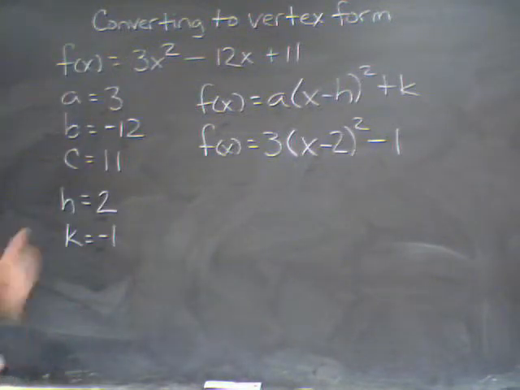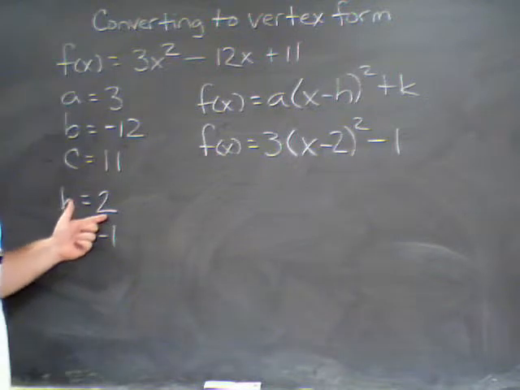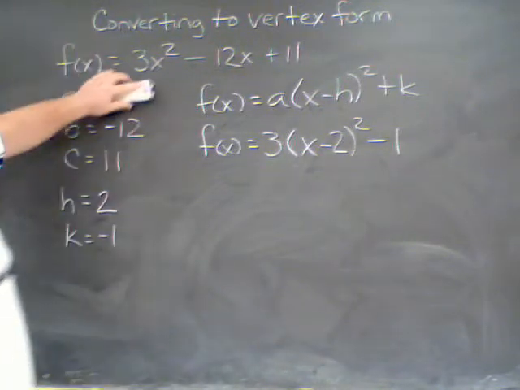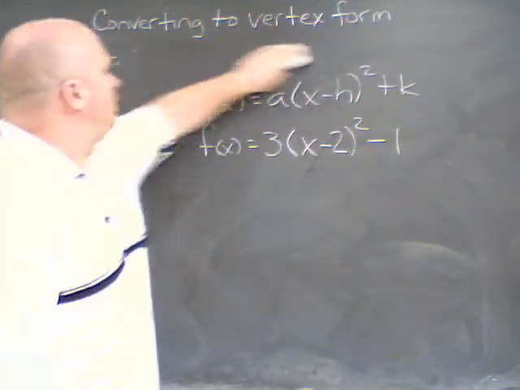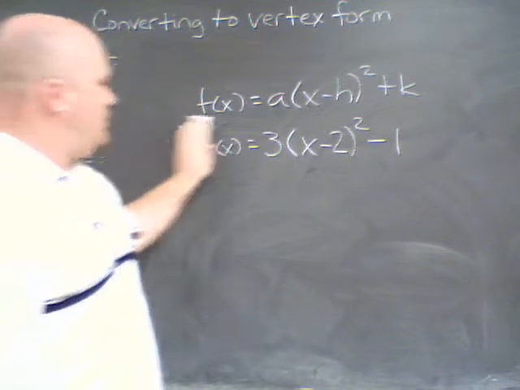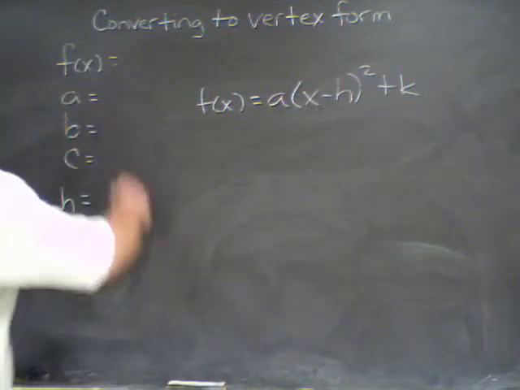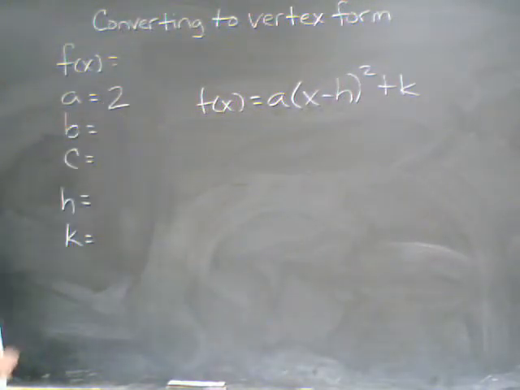Now, if I have an H value that is negative, for example, if I start over, let's say I have an A value, we'll call it 2 this time.